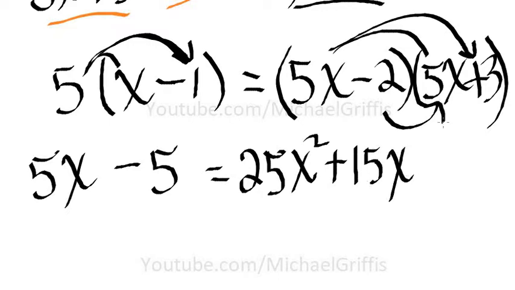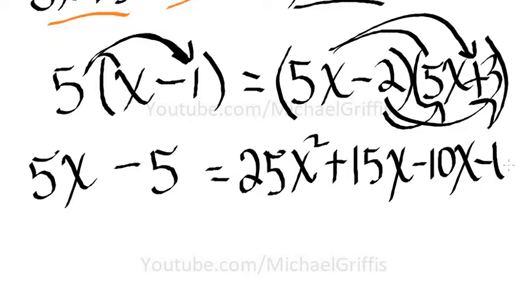Negative 2 times 5x is negative 10x. And negative 2 times 3 is negative 6.